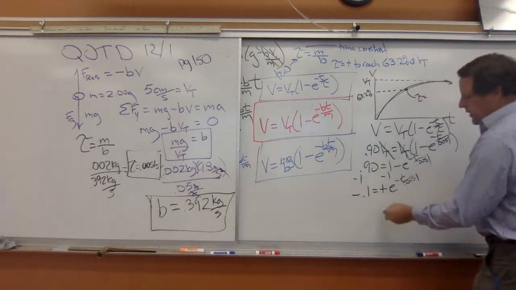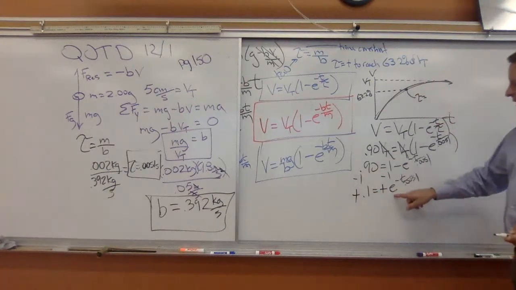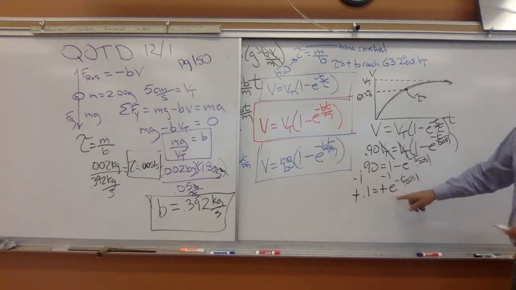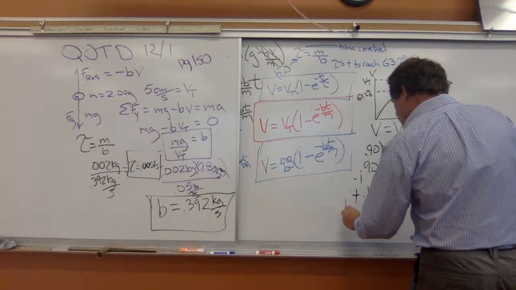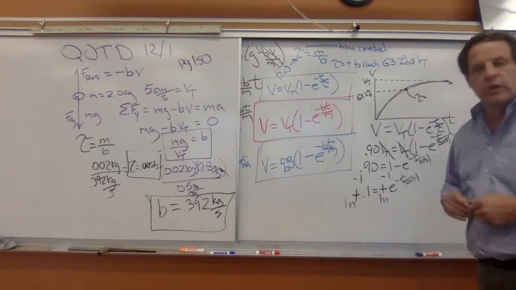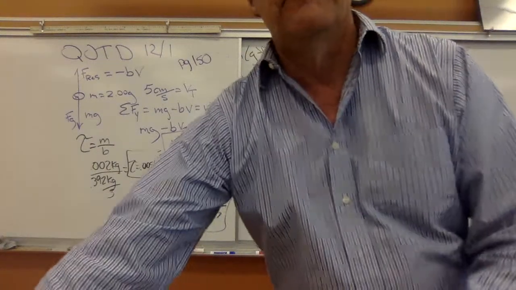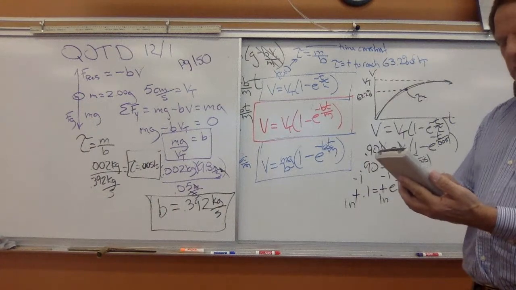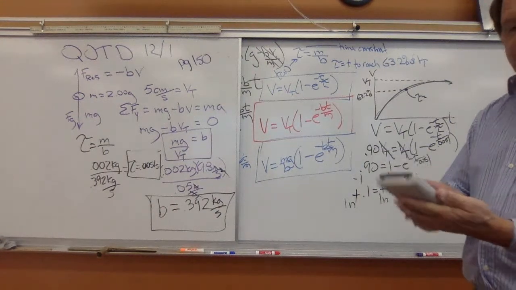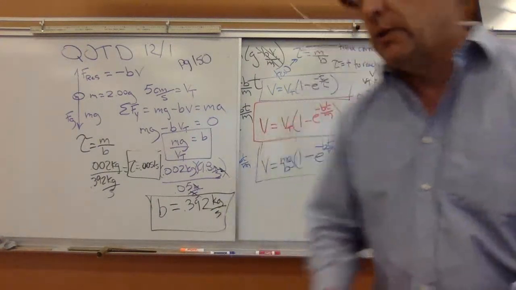This negative and this negative will cancel out. Now, how do we get rid of this e? We're going to take the natural log of both sides. So we want the natural log of 0.1, and we're going to get negative 2.3.